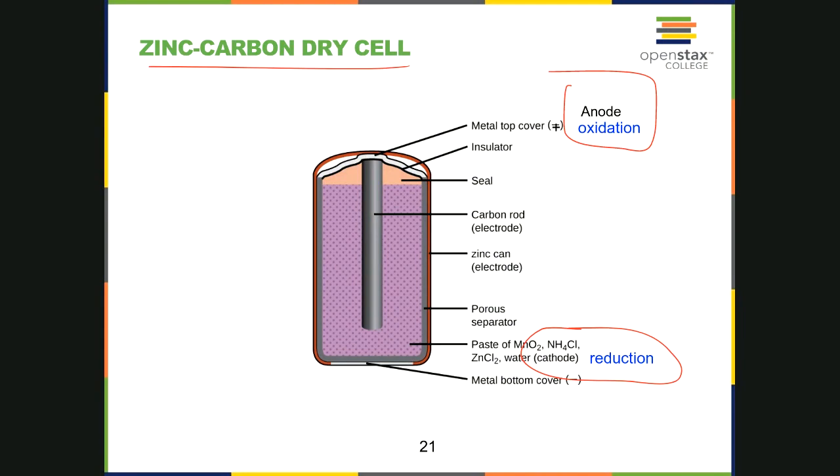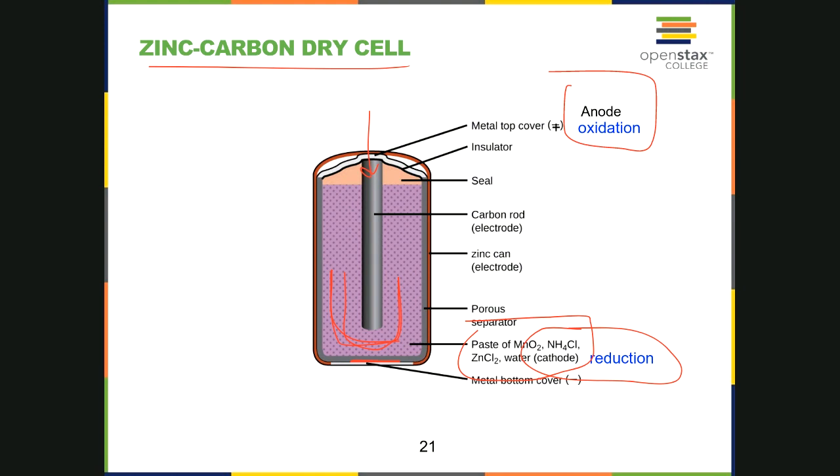The anode in this case is this carbon rod that touches the top of the battery, and the cathode is a paste of manganese oxide, ammonium chloride, zinc chloride, all this stuff in here. And also there's a metal bottom here. And so that's what comprises then our cathode. So you still have the same components as in our voltaic cells. You still have an anode and a cathode.